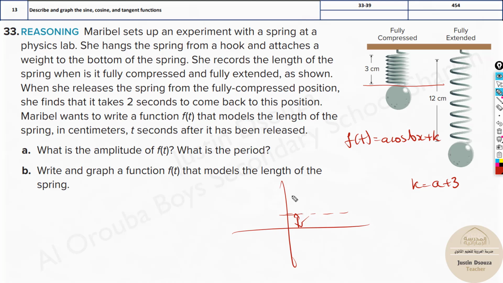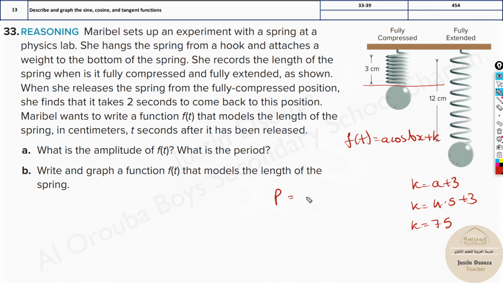And then we add the amplitude, because the graph's amplitude is half of the total graph, right? So it will be somewhere over here, the midline. So the midline would be k equals amplitude we got as 4.5, because it is 9 by 2, plus 3, k is 7.5. Midline is done. We have a value, we have the period, but what about the b? That's the only unknown value. The b can be easily solved.